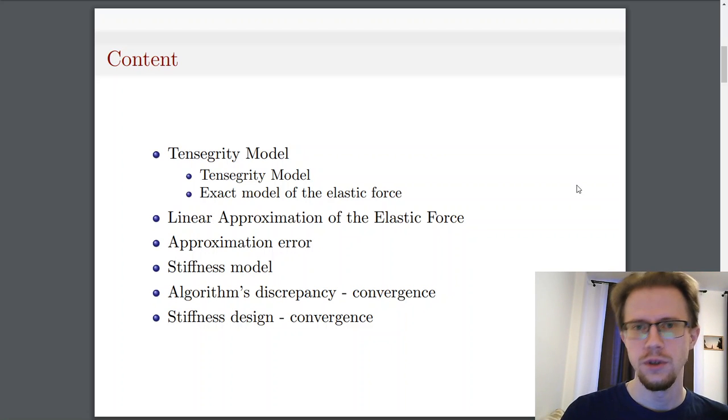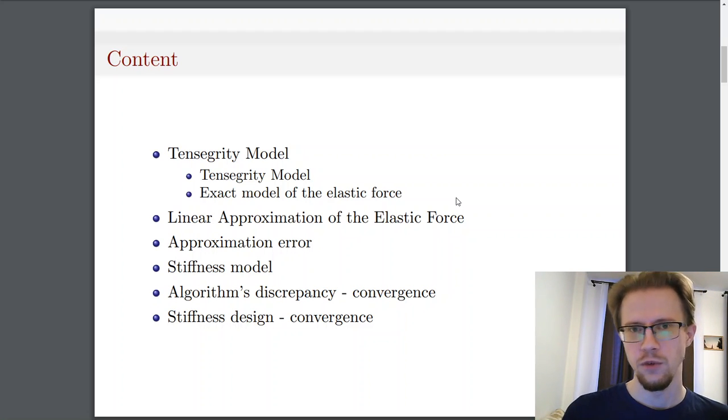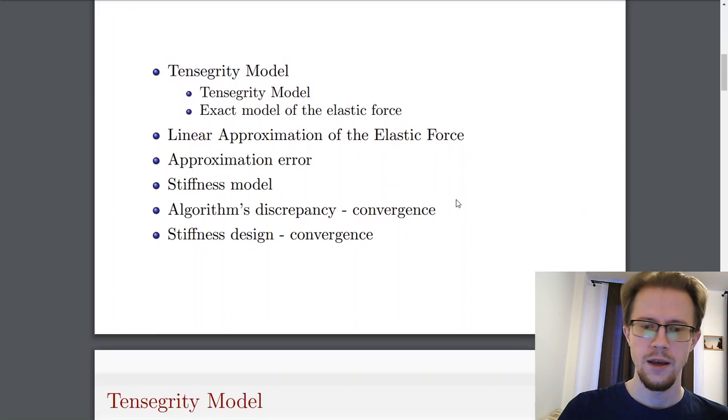They are conventional, but we'll quickly establish them to see what we are talking about. Then we are going to introduce certain approximations which are pretty important for the work. Next, we'll introduce our algorithm of stiffness design. After that, we'll see how it performs.